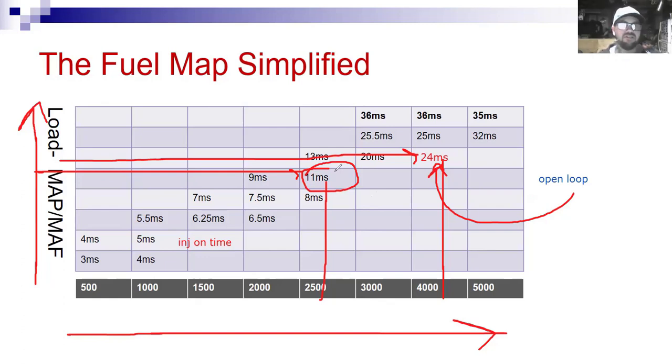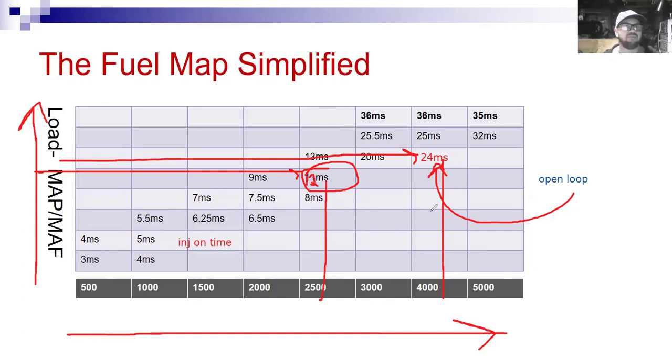If I'm in closed loop, I'm going to listen to that O2 sensor and modify this number based on that. So if I did 11 milliseconds and the O2 sensor said lean, well, if I'm the computer, the command is opposite the condition. So if he said I'm lean, the command is going to be to go rich, which means that maybe I'm going to open this up to 12 milliseconds.